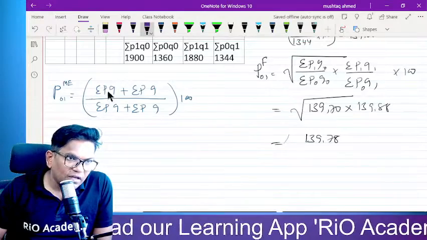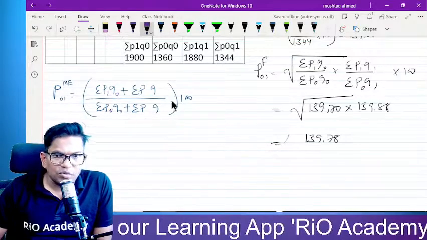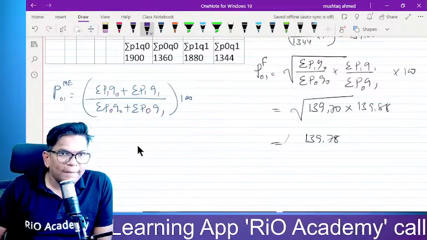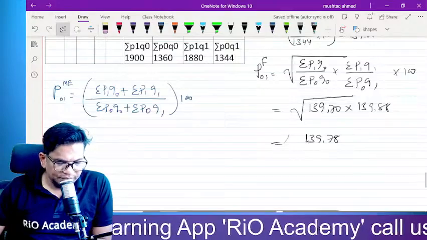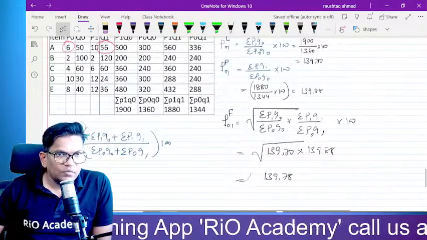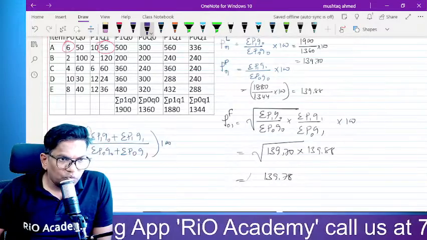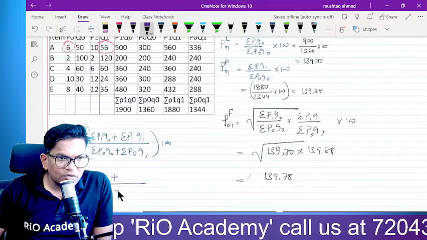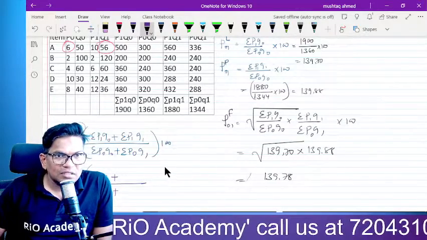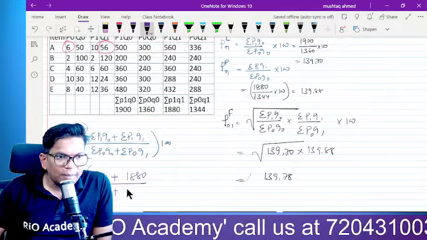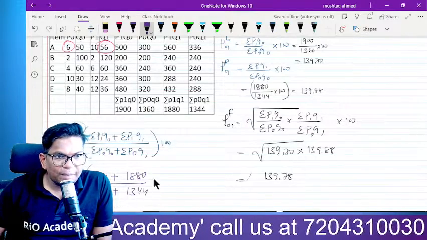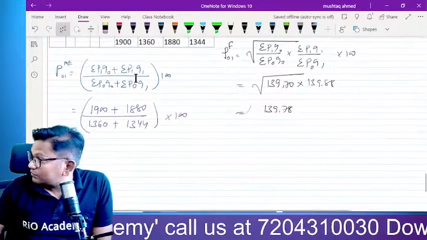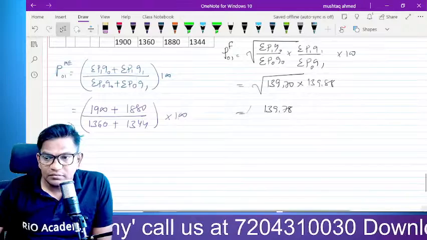So, 1900 divided by 1360 plus 1880 divided by 1344. Whatever we are going to get, we are going to multiply by 100. Tell me, how much will it come?